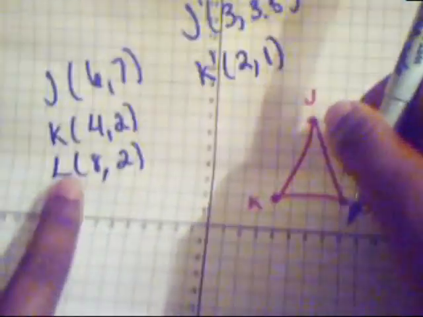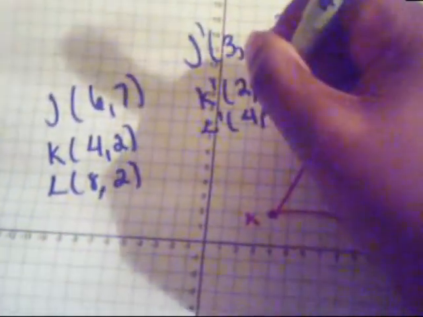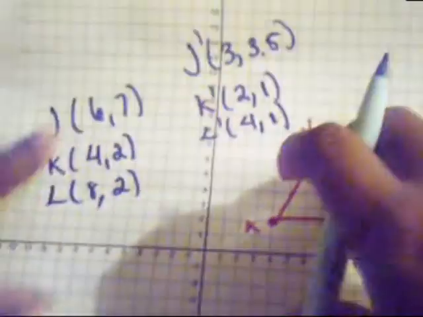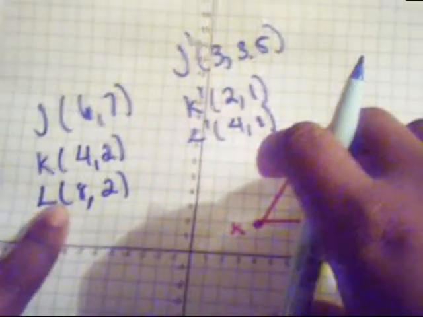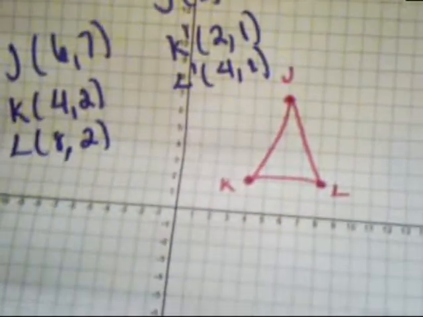Then L prime is going to be 1/2 times 8 is 4. And 1/2 times 2 is 1. So guys, what used to be 6, 7, 4, 2, and 8, 2 is now 3, 3.5, 2, 1, and 4, 1. Let's graph it and see if we really have a reduction.